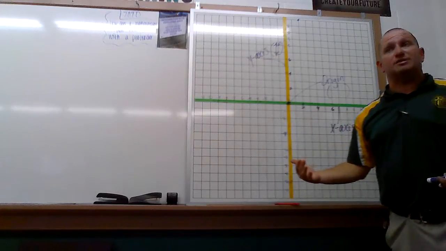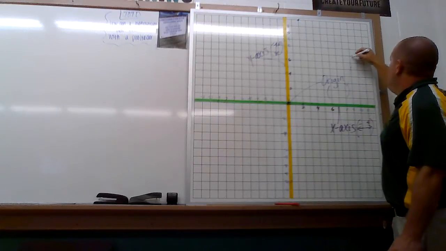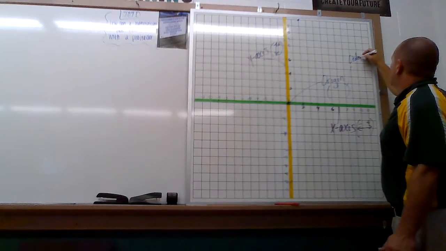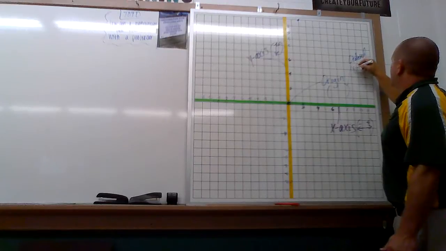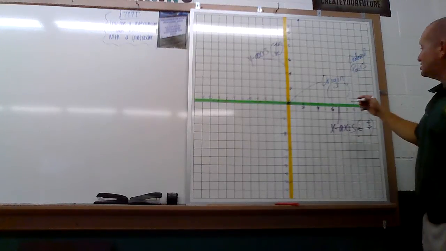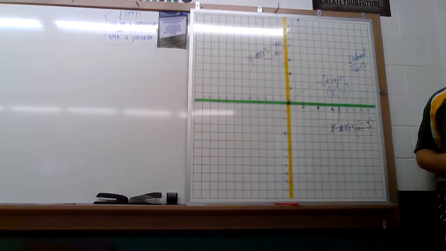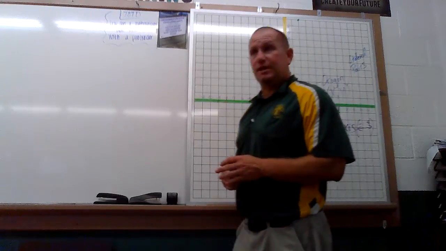So this develops then something called ordered pairs, which we're going to put into parentheses. And inside my ordered pairs, I'm always going to have an x and a y. The x always has to come first. Okay? Everybody okay with all that stuff?